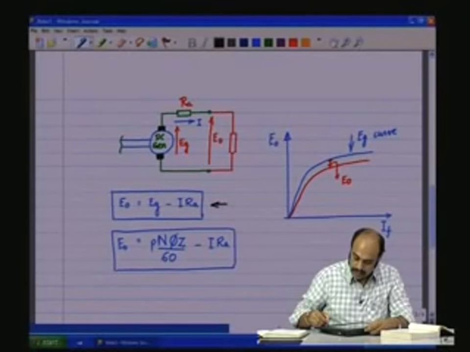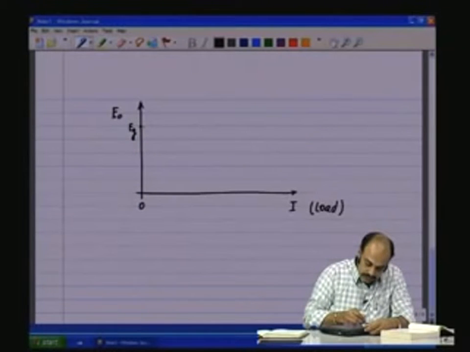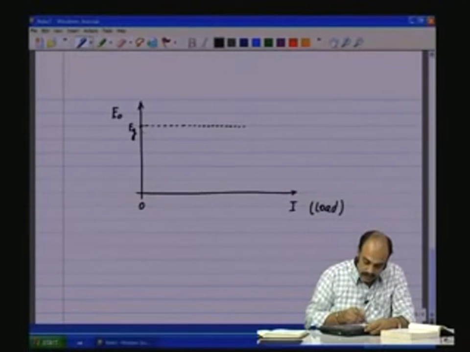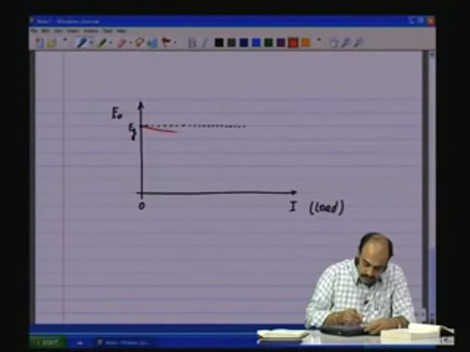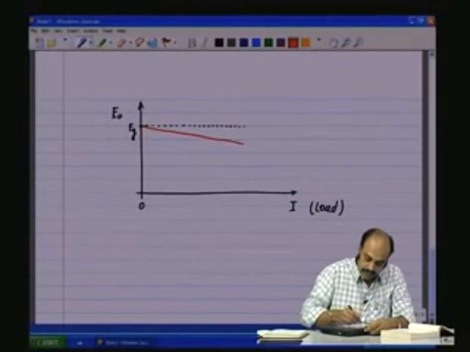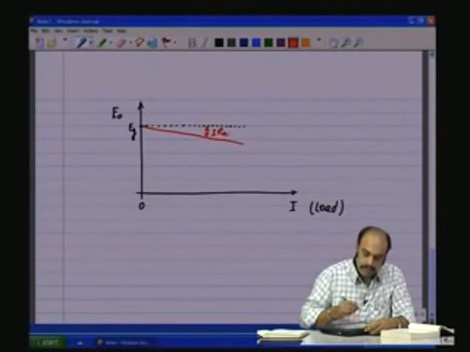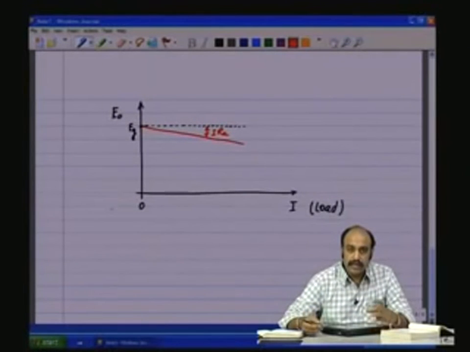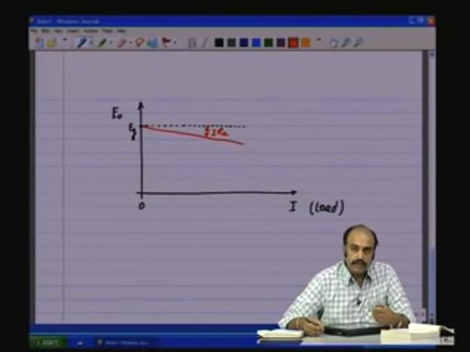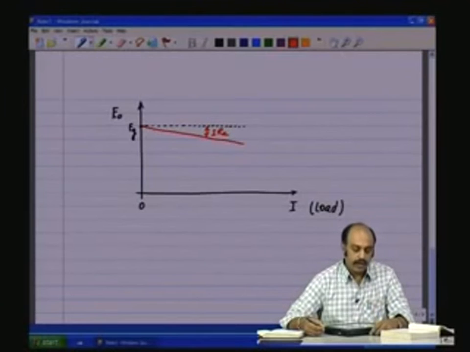And then as the load increases, so if this were Eg, let us say it is constant by some means, as the load increases, E naught starts dipping, and that dip is the I into RA drop. So, it is not constant with different loads. What comes at the terminals of the generator is not constant with respect to the load, because of the non-ideality RA. There is an IRA drop.